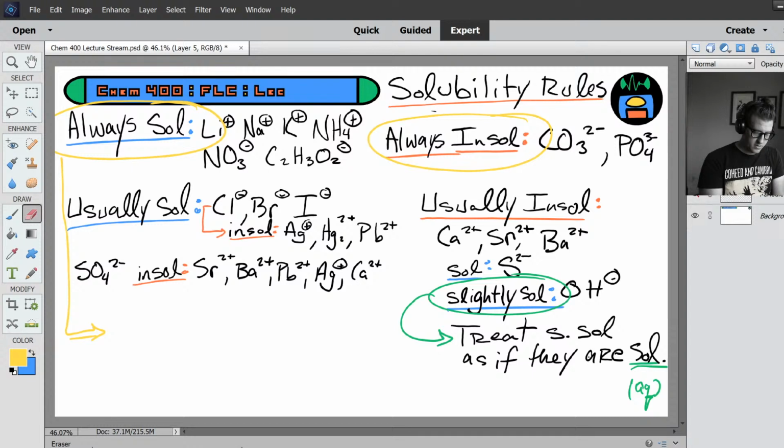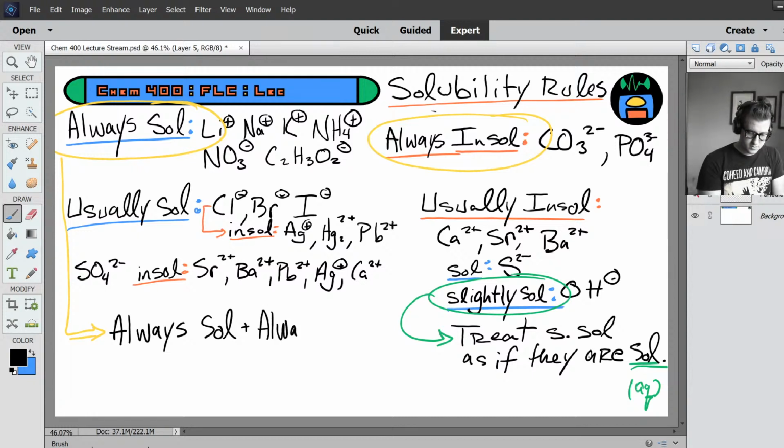If you pair an always soluble with an always insoluble, the result will be aqueous. Solubility will win in the end.